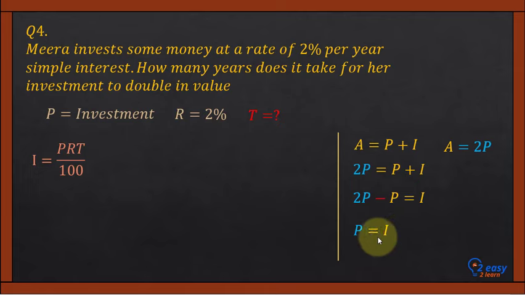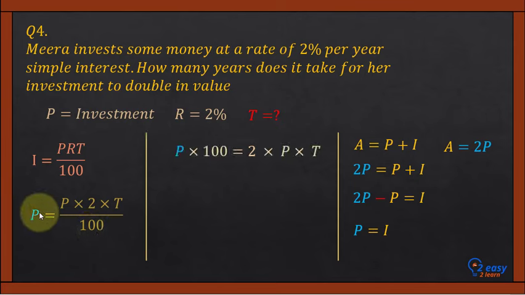So the value of I is P. Now substitute this value of I in this formula. In the place of I, which is interest, we can write the principal amount, which is P. So the value of P, R is 2, time we have to calculate. Now we simplify this expression to calculate T. Do cross multiplication. 100 will be multiplied by P. So P times 100 is equal to 2 times P times T. Shift this 2P to the left side.